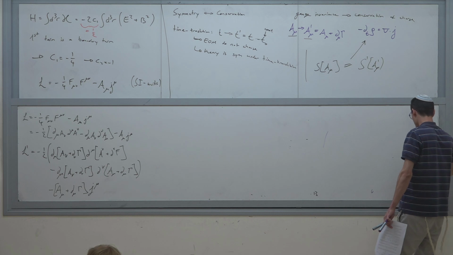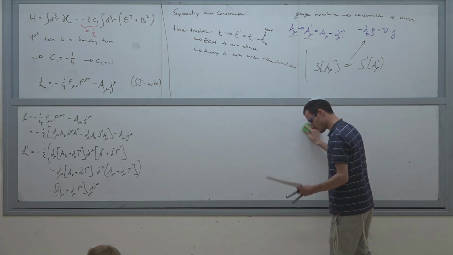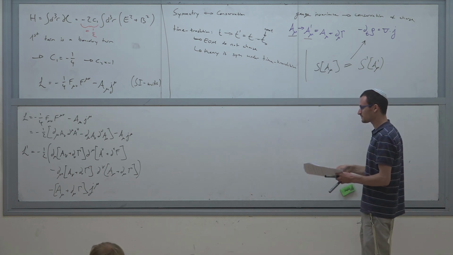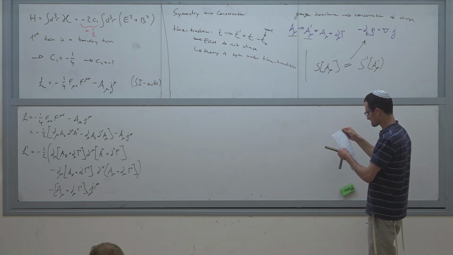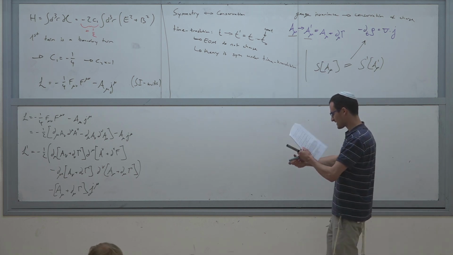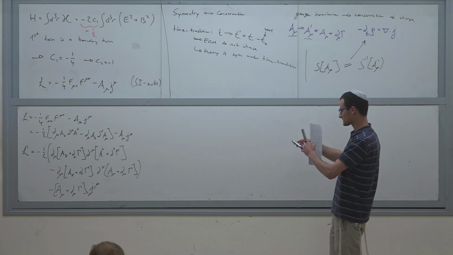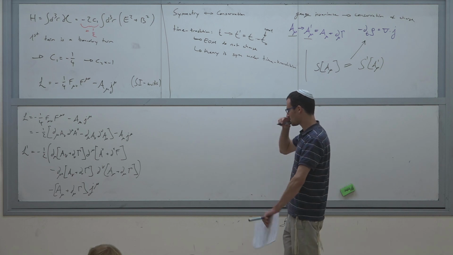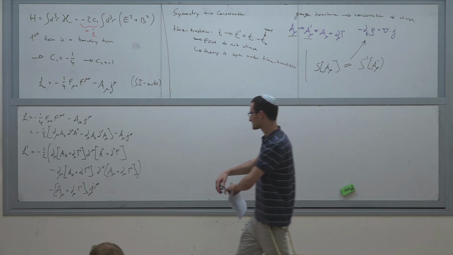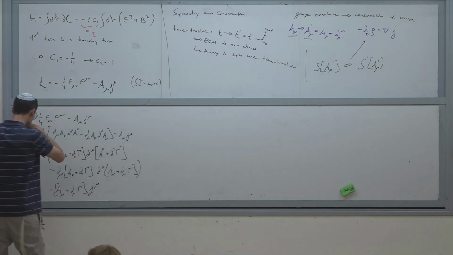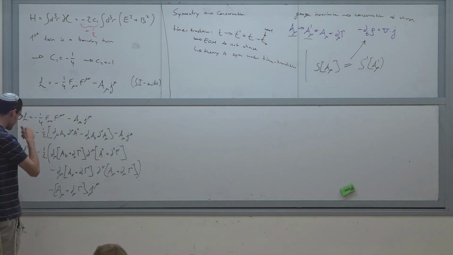Now this looks more complicated than it is because a lot of the terms here disappear. So in the interest of time, I'll skip a little, but basically what you see, maybe I can show this to you. So if you look here, there are a lot of terms here.